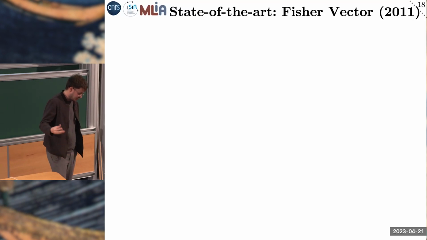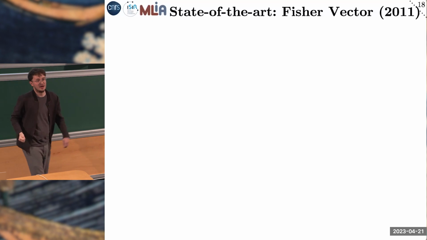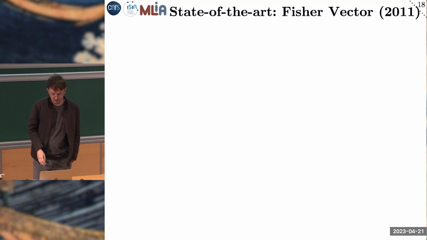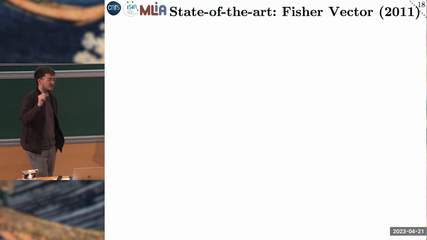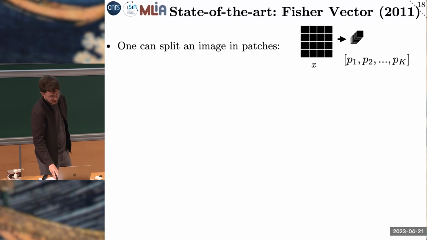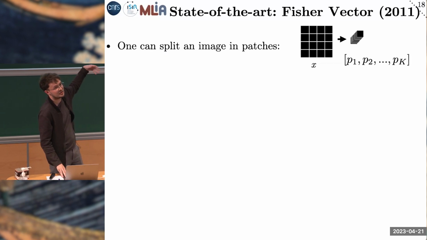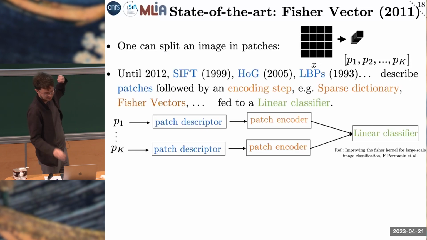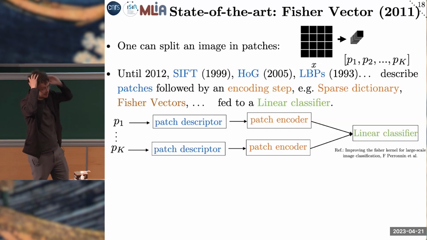So the method which is actually getting the state of the art for this, let's call it benchmark, is Fisher vectors. Fisher vectors are a representation which was designed by Jakob Verbeek and Florent Perronnin. The idea is again to split an image into its overlapping patches, so that's the same initial pre-processing step.